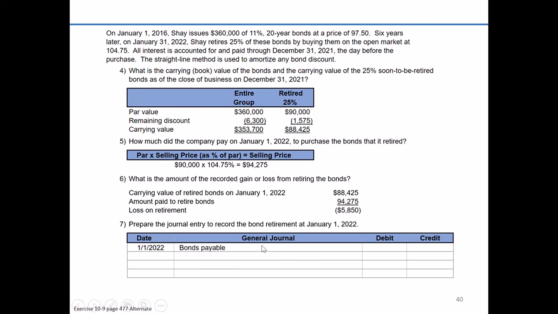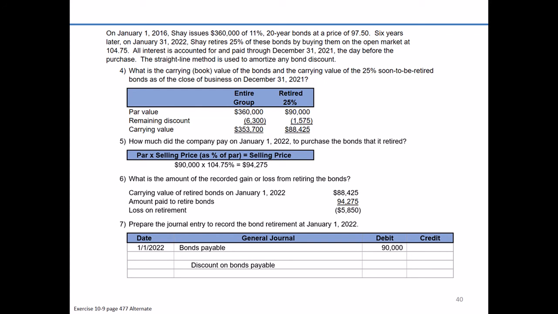So we're going to debit bonds payable for that portion of the par value of the retired bonds. So we're going to debit bonds payable for $90,000. Let's go ahead and take care of the remaining discount, that contra liability account discount on bonds payable. Remember, it has a normal debit balance, so we would reduce it.